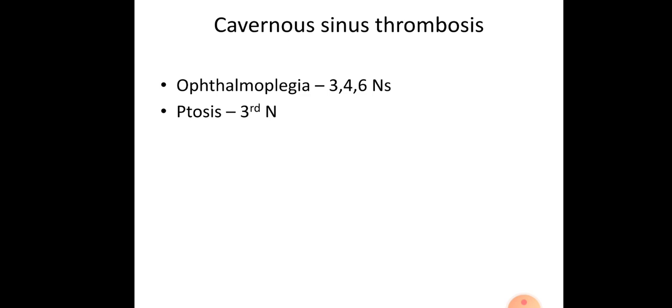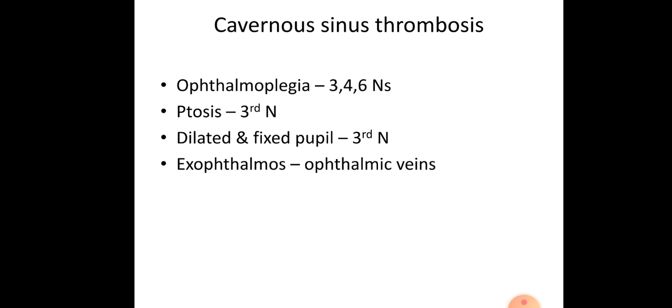Because of the third nerve, there will be drooping of the eyelid, ptosis. Again, because the third nerve is affected, there will be a fixed and dilated pupil. Then the ophthalmic veins drain into the cavernous sinus, so when that is thrombosed, there will be backflow. What happens?